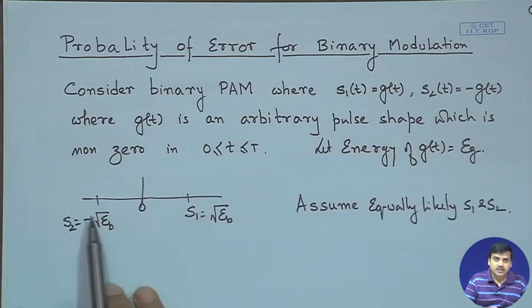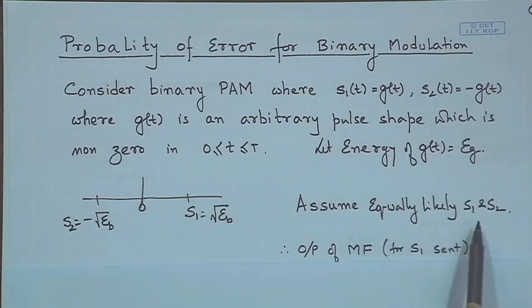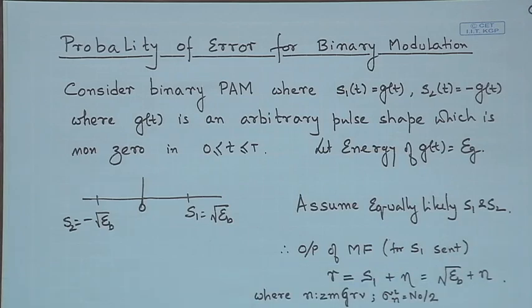So the signal space diagram is as over here. Again this is standard notation, and we will assume equally likely signals s1 and s2. So what we have is the output of the matched filter for s1 being sent. We must be careful that we are talking about s1 out of s1 and s2.